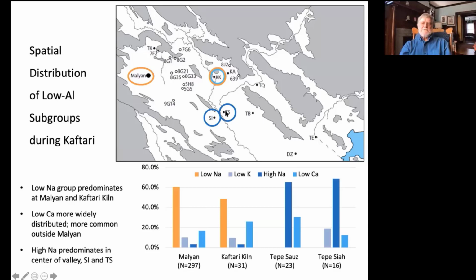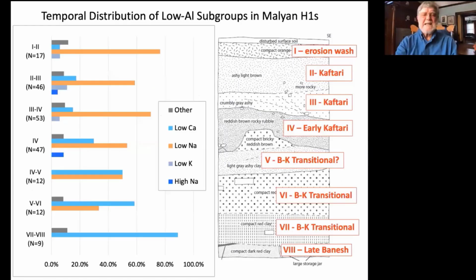Material from the peripheral towns is indeed moving, in small quantities, to Malian, but it's not moving back. It's an interesting economic pattern that the center is extracting material from the peripheral sites, and it's not giving material back. Is there a temporal variation going on here as well?